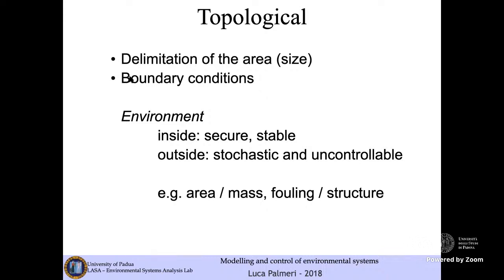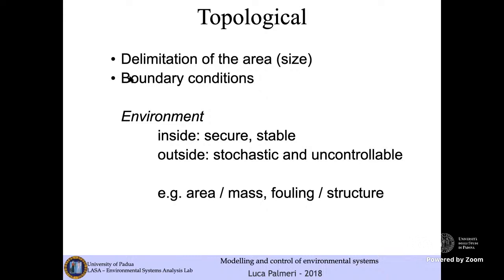I remind you that the environment may be subdivided into two parts: inside the system, that is secure and stable, and outside the system, that is stochastic and uncontrollable. With a topological differentiation, for example, allowing us to distinguish between inside and outside the system, and this has to do with topology. For example, we have several topological constraints: area, mass, fouling, or structure of the system may all induce topological constraints.